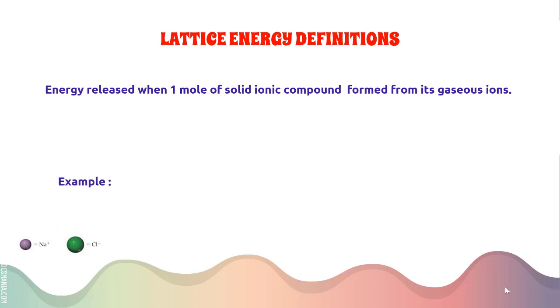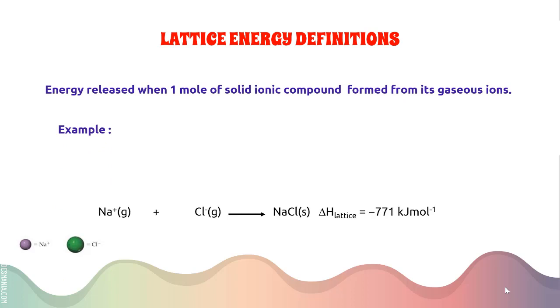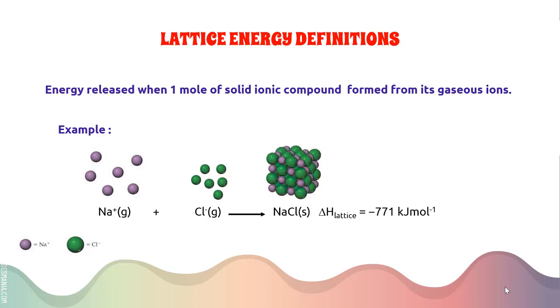For example, sodium chloride has lattice energy of negative 771 kJ per mole. It means that when 1 mole of sodium chloride solid is formed from 1 mole of sodium gaseous ions and 1 mole of chloride gaseous ions, 771 kJ energy is given out.